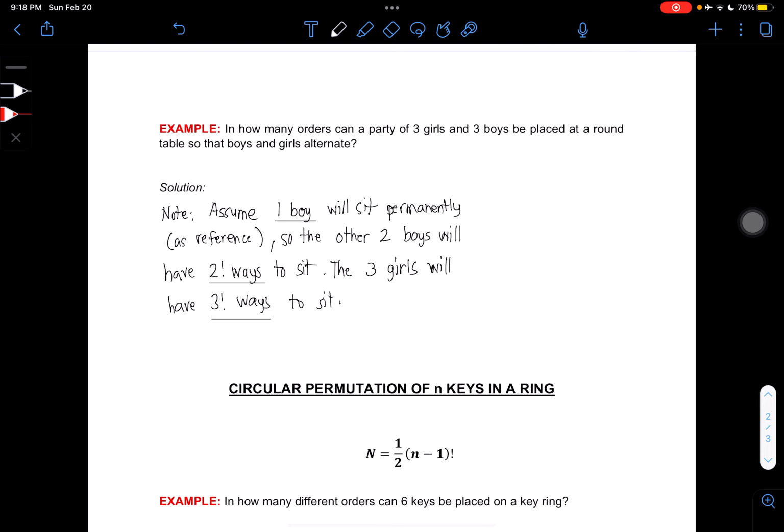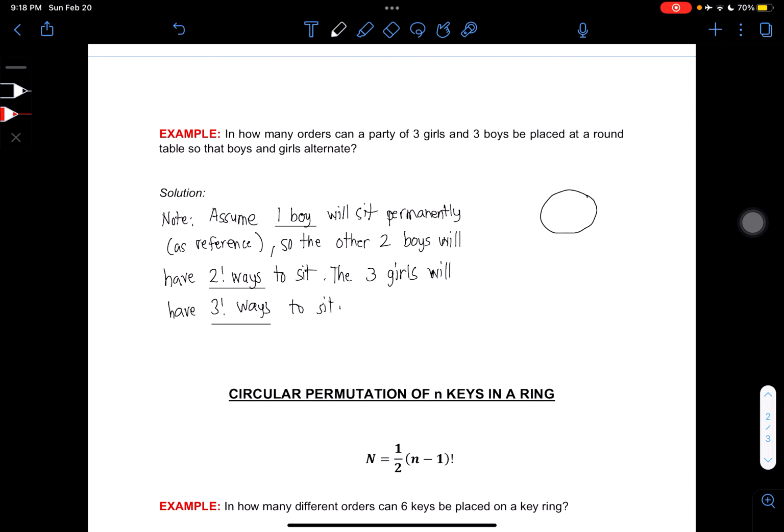After analyzing, we can draw it to understand better. We have a round table, and we take a boy as the reference. The problem says boys and girls must alternate, so the next will be a girl, next a boy, girl, then boy, and lastly a girl.